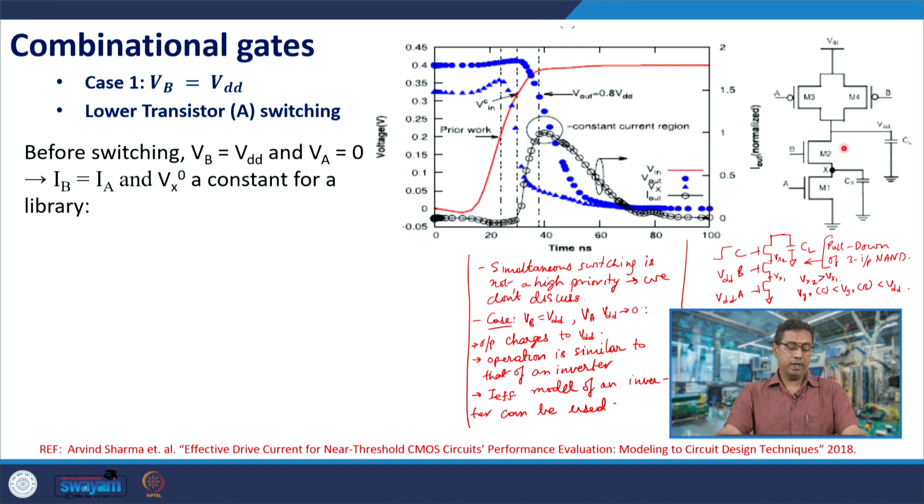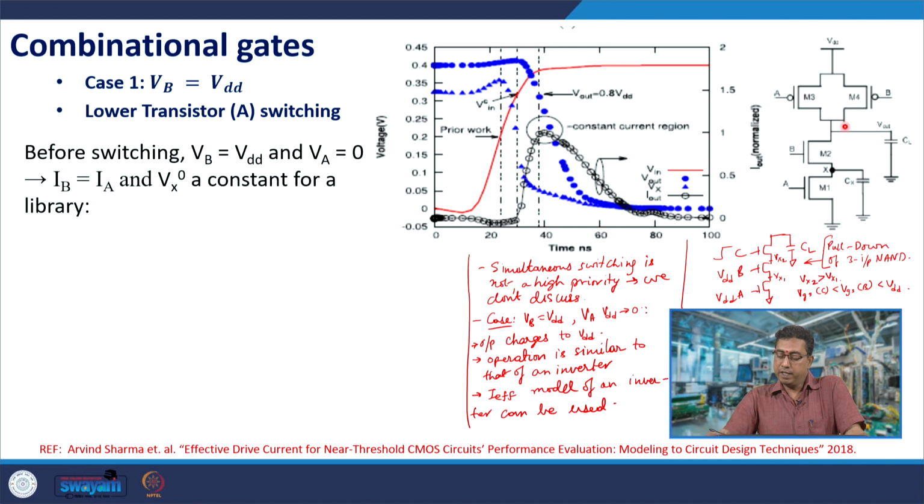So first we are discussing the case where VB is VDD and the lower transistor A is switching. Before the switching begins, the input of transistor M1 is at 0, and there is a so-called leakage current flowing through M1, but that current must also flow through M2.